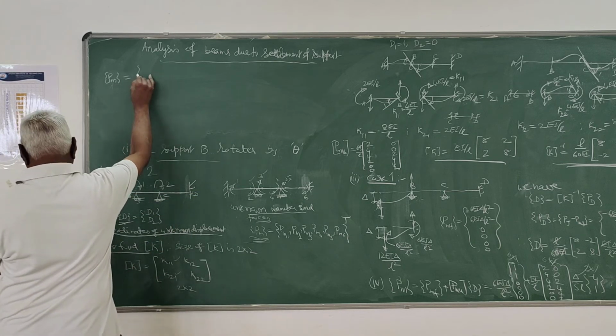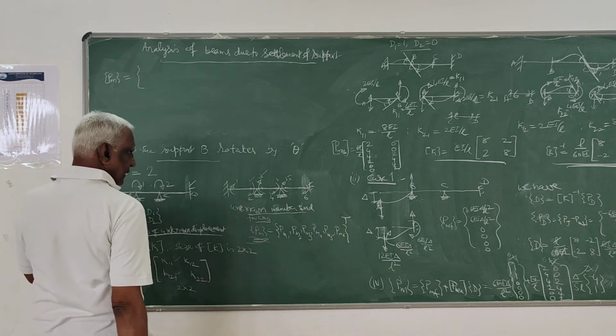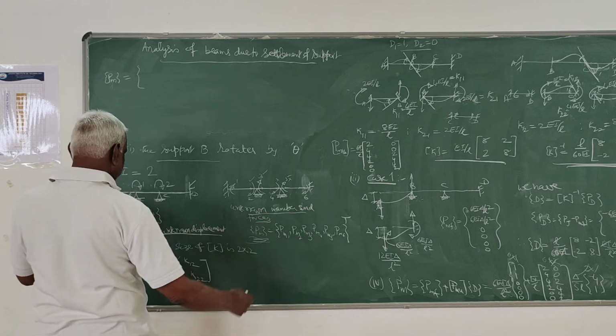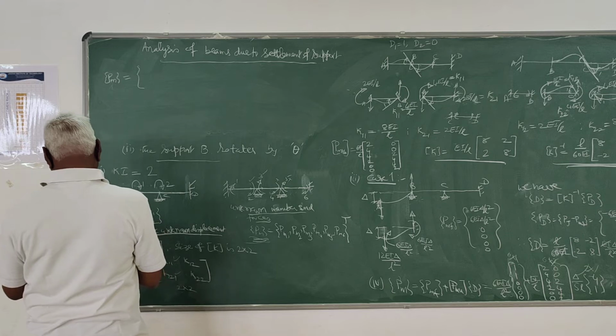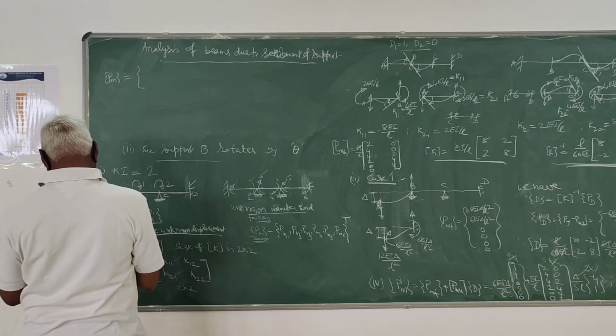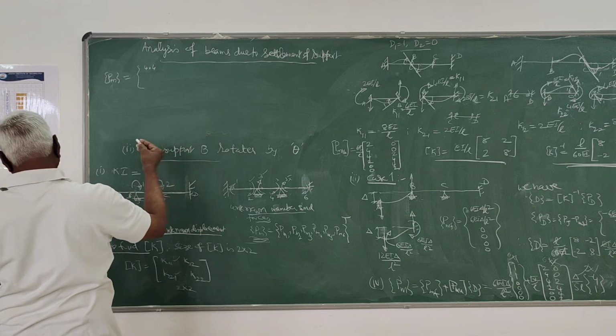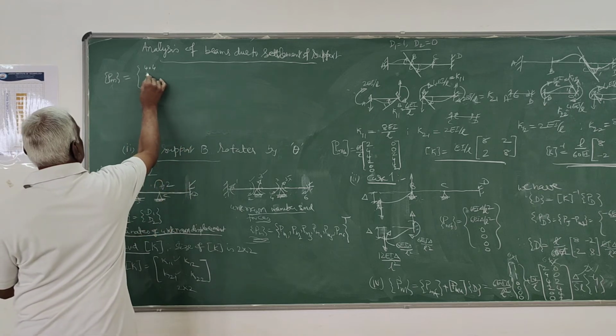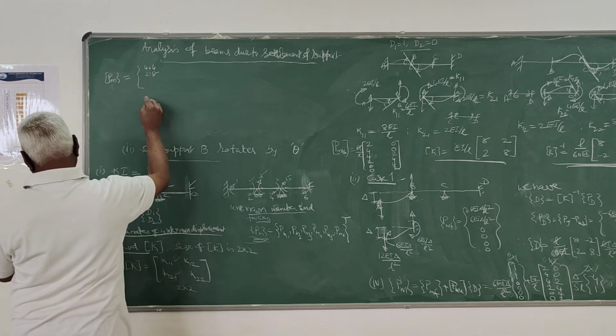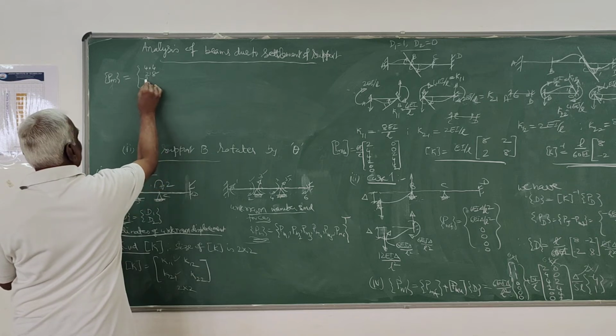So PM, I will get if you multiply PMU and D and add to PMF. You will get the value of PM as 4.4, you can verify, and 2.8, and minus 2.8.